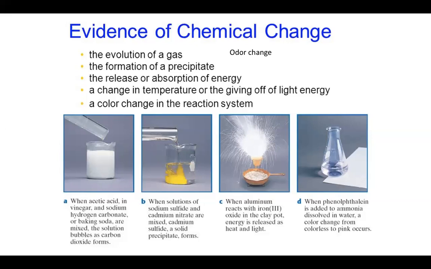Formation of precipitate, I'm sorry, not participant, precipitate, right? Yeah, see, I can't say the word correctly anymore. All right, so formation of precipitate, that would be like magic, right? So you can see here in the B, the clear liquid is moving into another clear liquid.